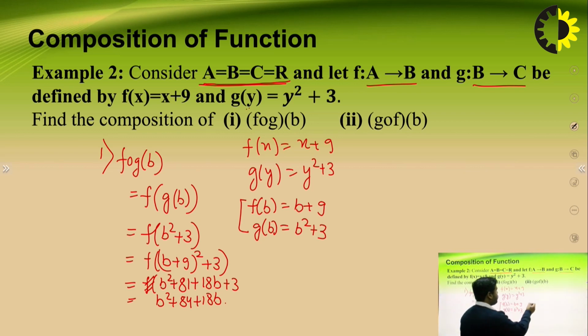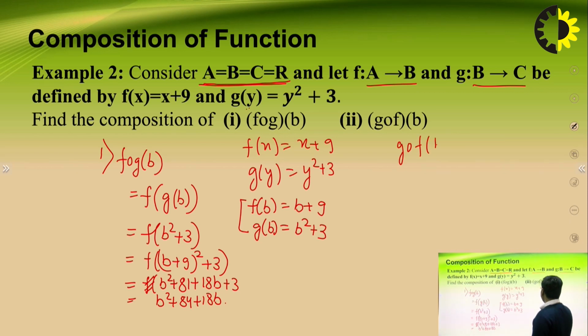Now I am going to solve the second one, GOF of B. So g of f of b. We have to put the value. The value of f of b is b plus 9.